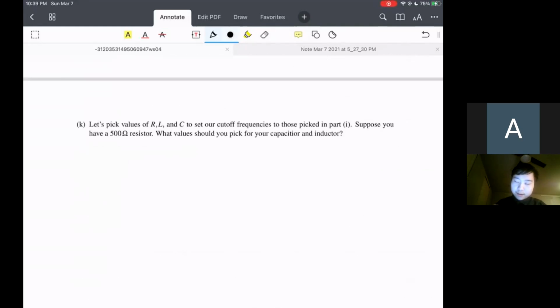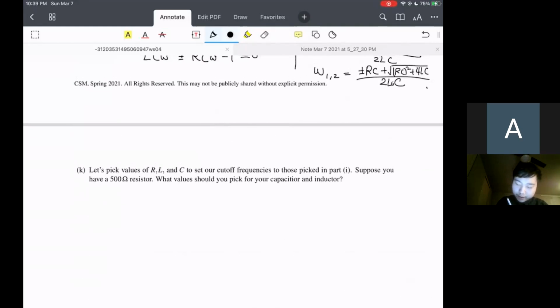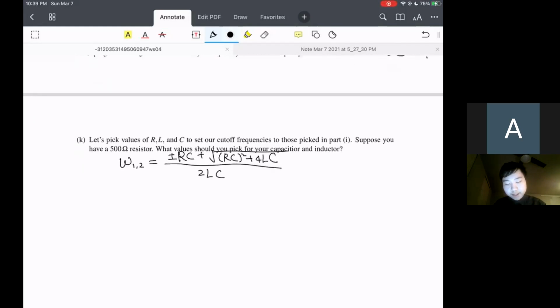So you should first be copying over the two cutoff frequencies that we obtained, in the form of plus or minus RC plus the root of RC squared plus 4LC. Okay.